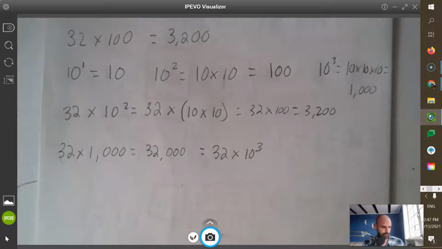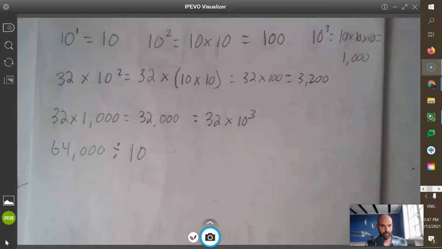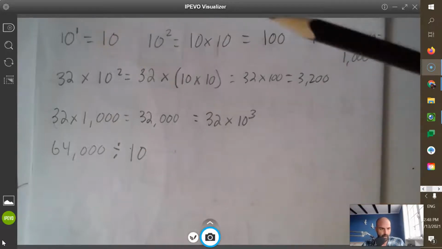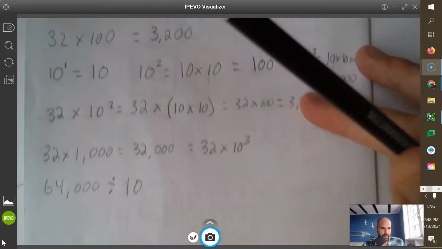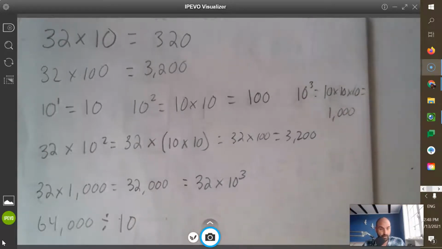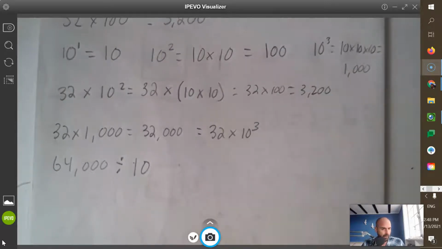Let's see what's next. All right, so what about the problem 64,000 divided by 10? Try and solve it. All right, so when we're multiplying by 10, we know what happens, right? Our numbers shift to the left. We increase by a factor of 10. We increase that zero, at least with whole numbers. So when we look at 64,000 divided by 10, what's going to happen?